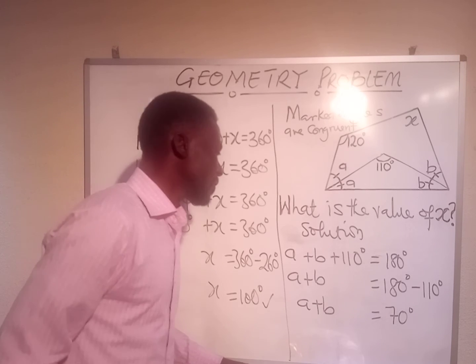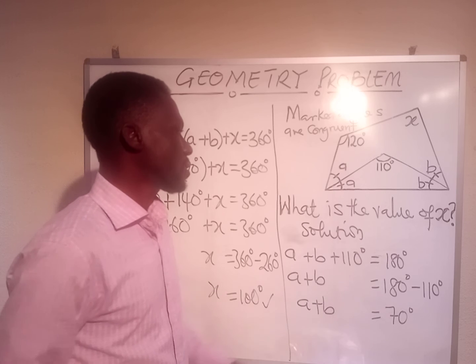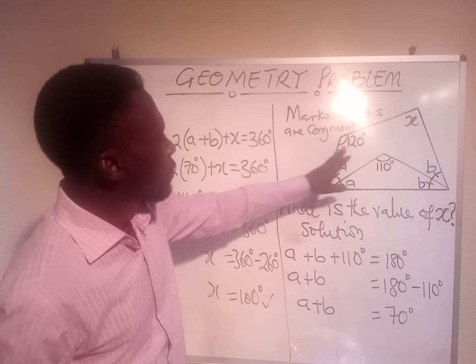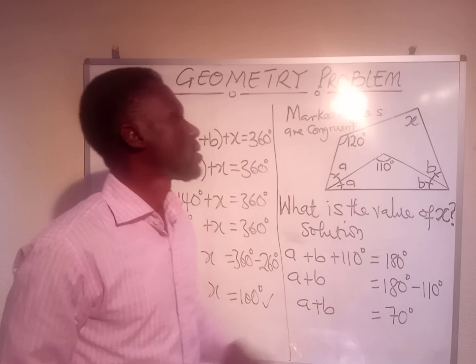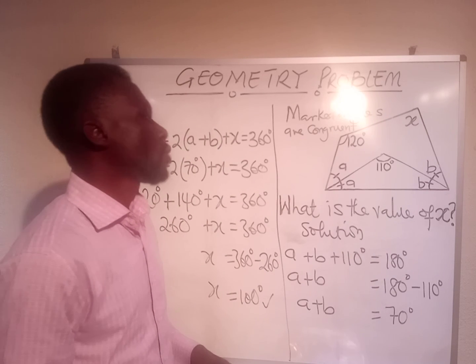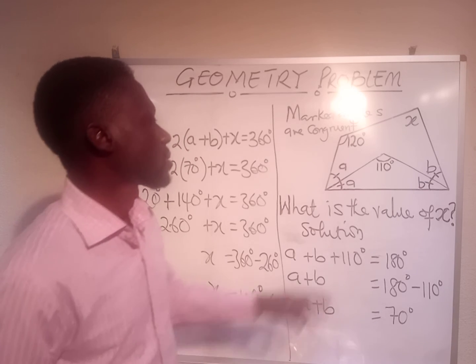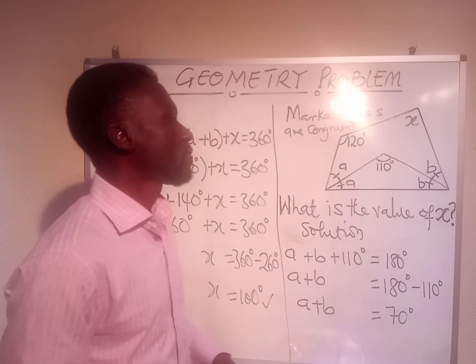Now let's come here and check. If we are saying that A plus B is 70 degrees, then 120 degrees plus 100 degrees gives us 220 degrees. And then plus A plus B will give us 70 degrees.